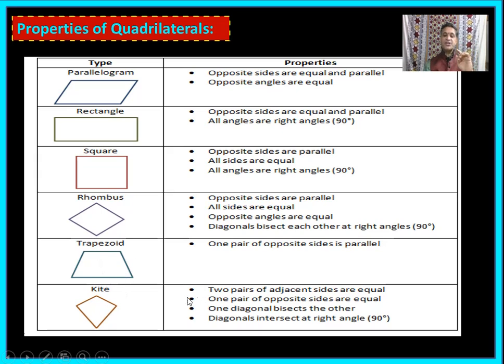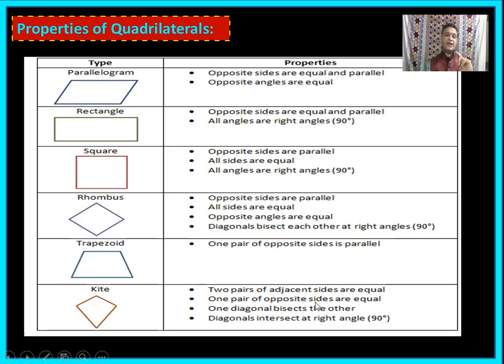Then kite. Two pairs of adjacent angles are equal. Two pairs of adjacent sides are equal: these two equal, these two equal. This is one pair, this is one pair. And one pair of opposite sides may be equal.